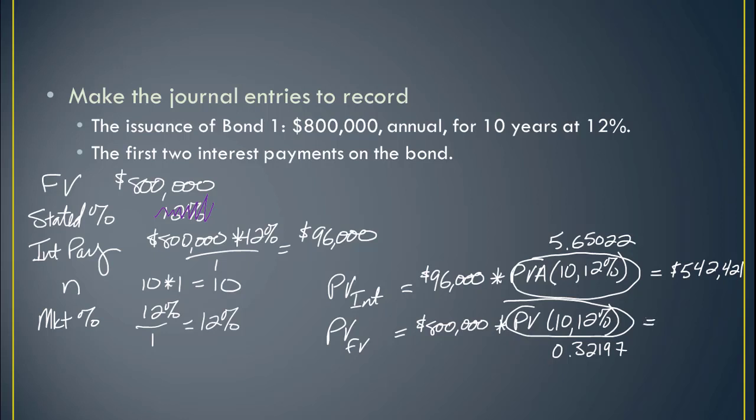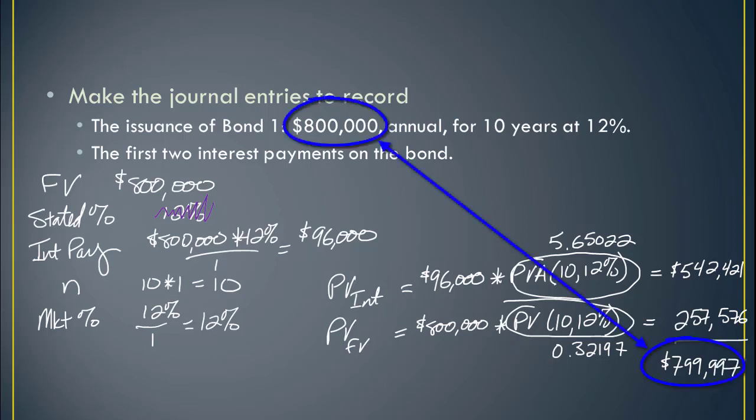And if I multiply that factor by the 800,000, I get 257,576, and if I add those up, I get 799,997. Well, it should have come out to 800,000.